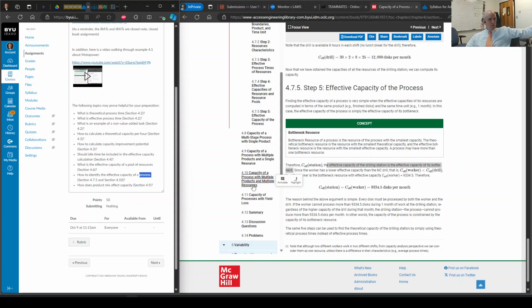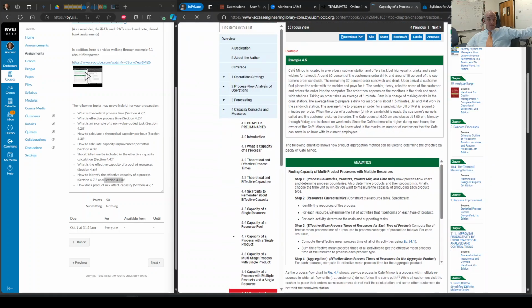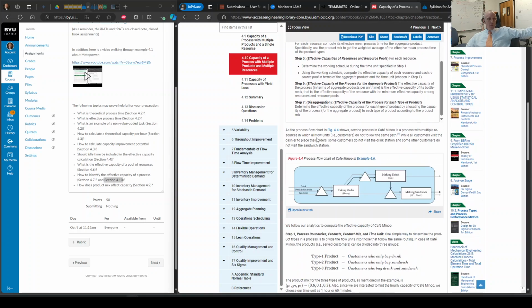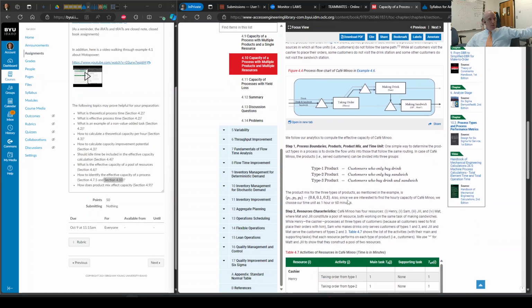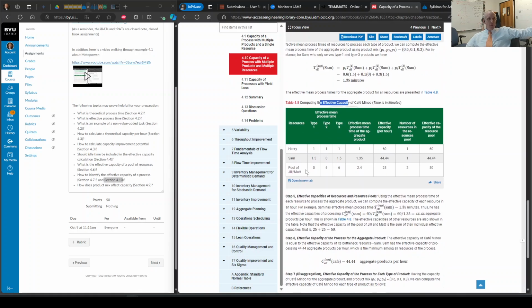And the other section that is represented here is talking about finding the effective capacity of a process. And in this case, what they've done is there's multiple products and multiple stages. And it turns out that after you find the effective capacity of the resources, the effective capacity of the overall process is the resource that is the bottleneck.